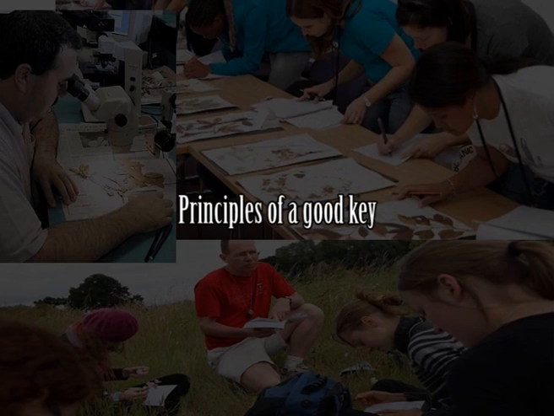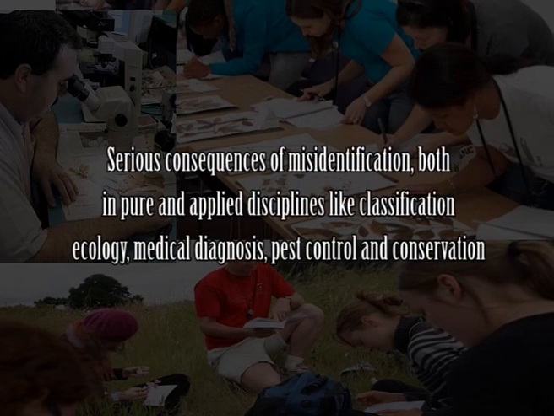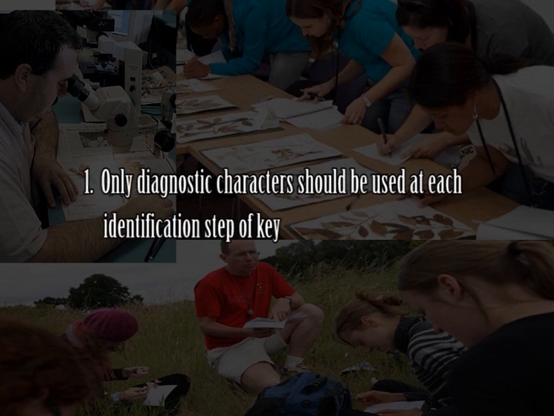Now, we highlight some principles of a good key. While constructing a taxonomic key, the guidelines which we are going to discuss should be followed so as to minimize the identification errors, which otherwise could lead to serious consequences of misidentification both in pure and applied disciplines like classification, ecology, medical diagnosis, pest control and conservation, etc. The first is, only diagnostic characters should be used at each identification step of a key.